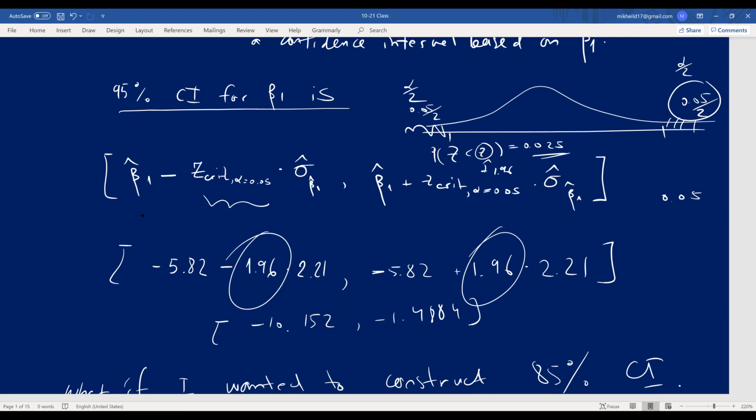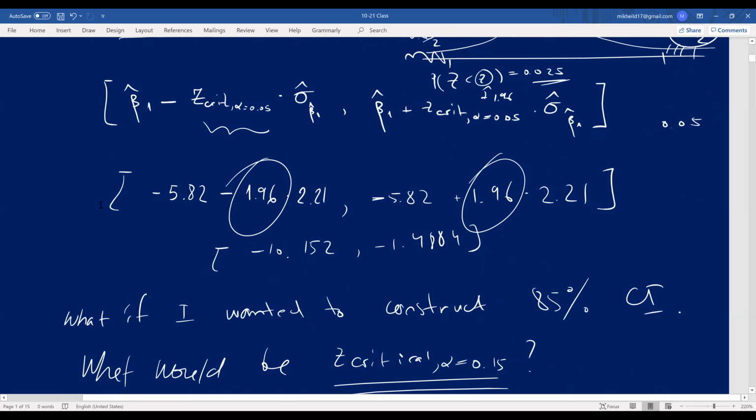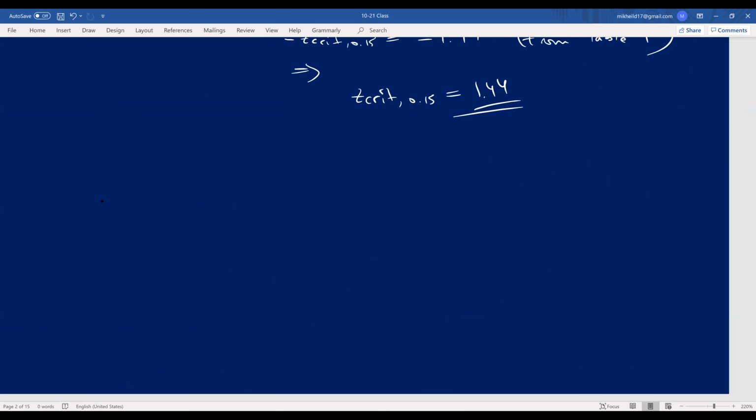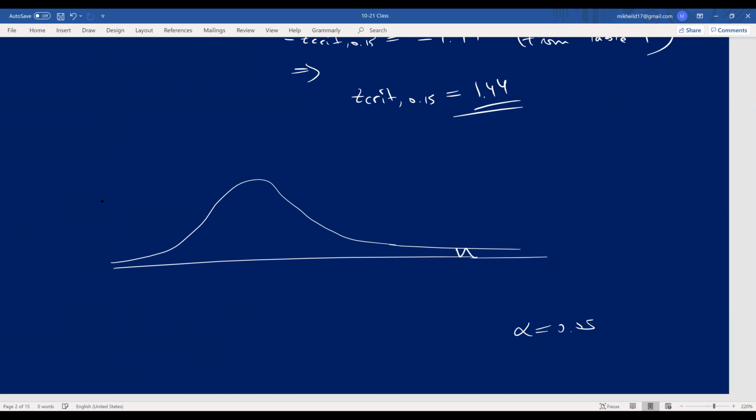Am I clear? I'm just not getting how, like, okay. Let me re-explain. So when you have alpha equals 0.05, that means that here in the standard normal density, on this side, you have your z critical at 0.05. But when I say 0.05, it means that I have 0.05 divided by 2. And the area here is minus z critical at 0.05.